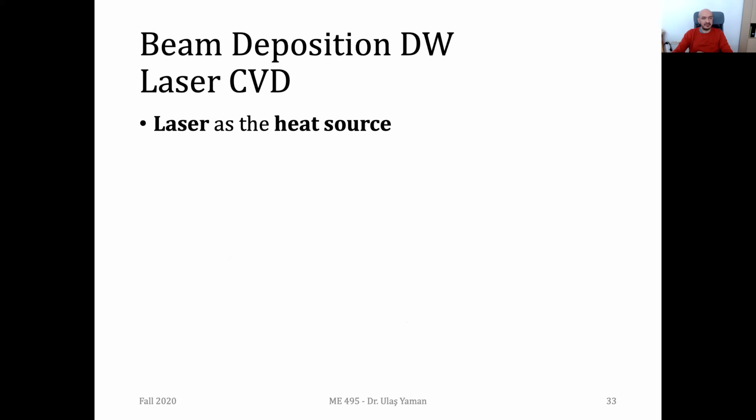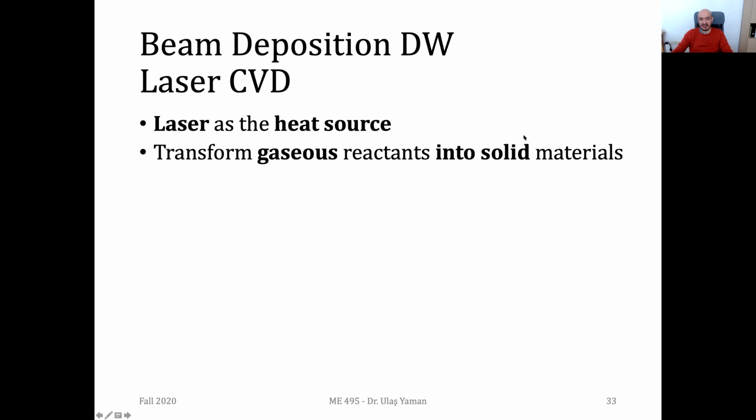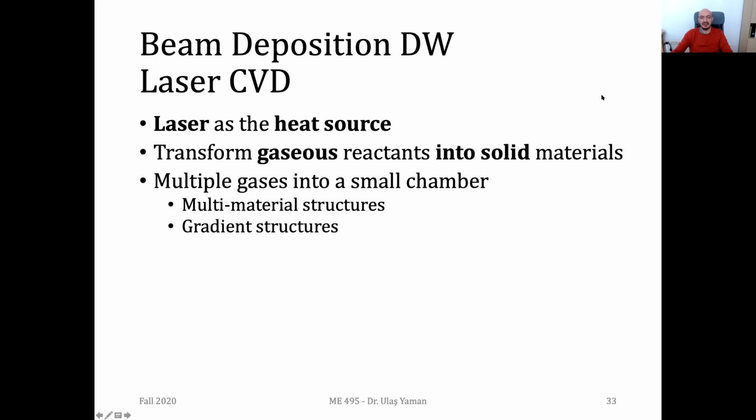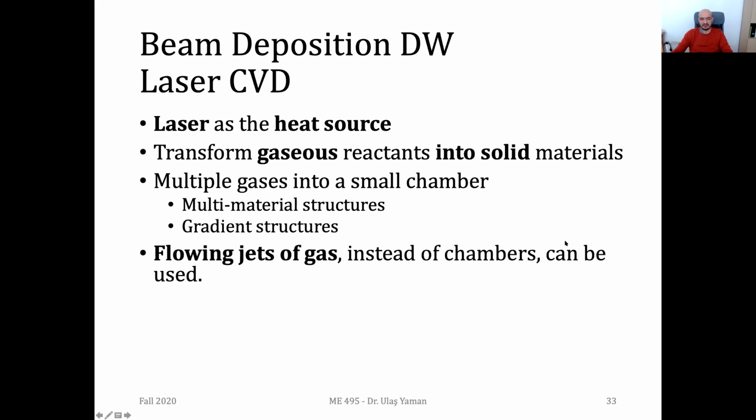And now we have a bit different version of it. This is called laser chemical vapor deposition, a type of beam deposition direct write technology. Obviously, the laser is a heat source in our case. We will be transforming this gas material into solid material and then depositing it onto the substrate or parts we have in the chamber.